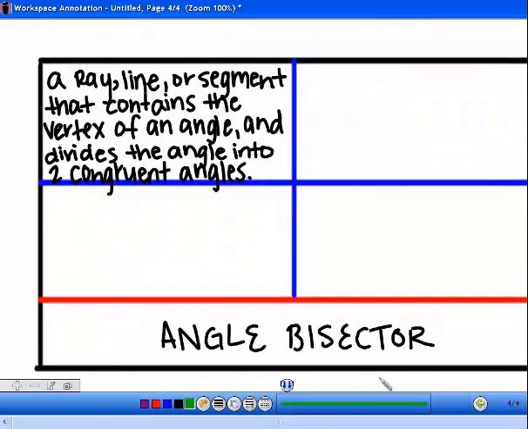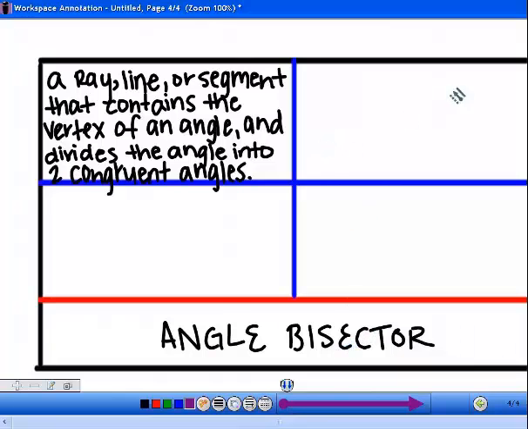Last card for 1.2 is angle bisector. An angle bisector can be a ray, a line, or a segment that contains the vertex of an angle and divides the angle into 2 congruent angles. So long story short, bisector we know means cut in half.